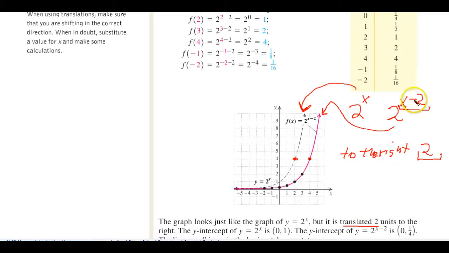Now we have mentioned that before, that when you see something in there, we're shifting it in the opposite direction as to the sign. So here it says -2. We're actually shifting it 2 units to the right as if it were a +2. So that's the shortcut. And again, this sketch would be invaluable in your class notes as to what to do when you see something like that. All right, let's continue.